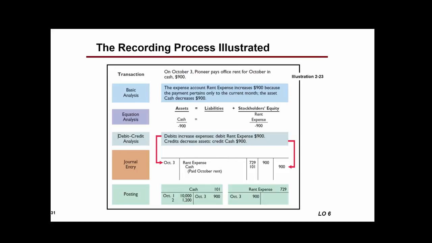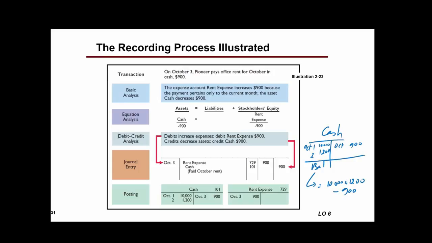So in this case, the way we do it, you have cash, have October 1, we have 10,000, 1,200 on October 2nd, and October 3rd, company paid 900. So the balance here would be equal to 10,000 plus 1,200 minus 900, right?